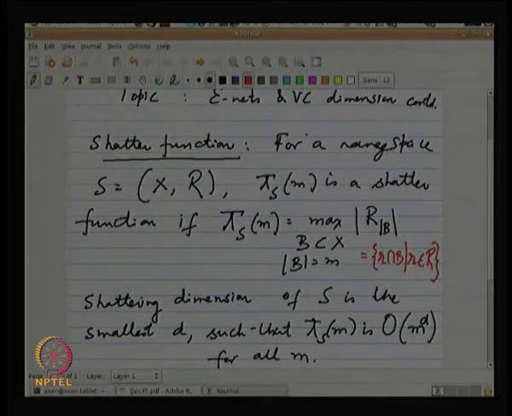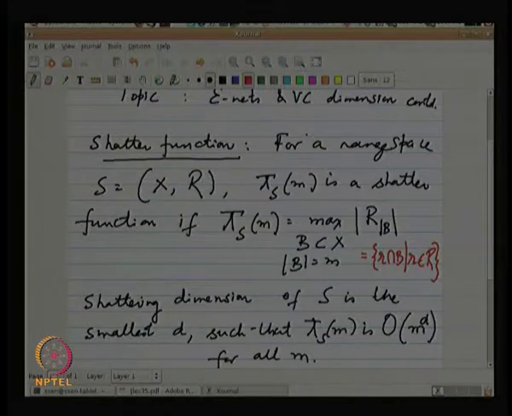So, we are not only talking about subsets of B, that is all. We defined the shatter function like this, and now we are saying that we want to somehow bound the shattering dimension of this range space S, although it was not clear from the definition of VC dimension.